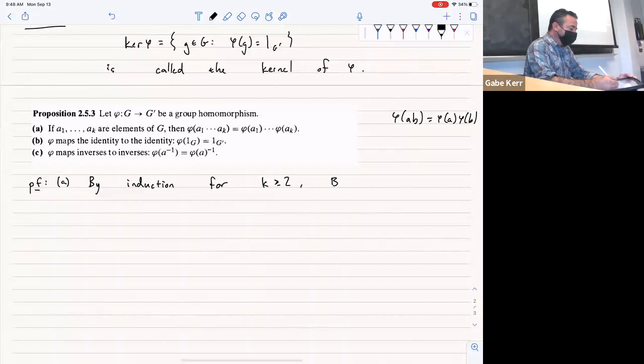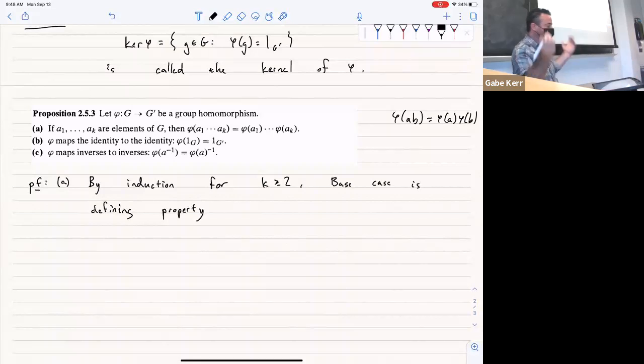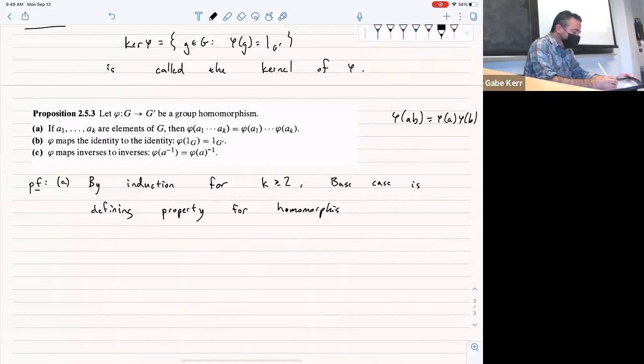The base case is really the defining property of the homomorphism. We don't need to prove that; it's by definition. So let's assume it's true for k. Assume A holds for k.